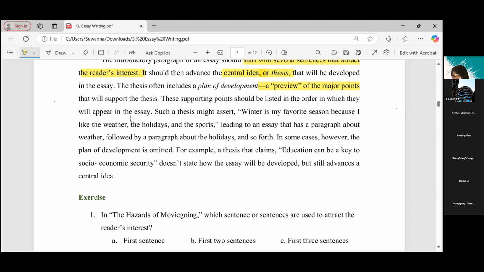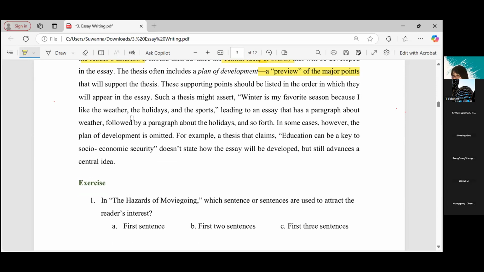It should give the readers an idea of what your essay will be talking about. All right. And in some cases, however, the plan of development may be omitted. For example, a thesis that claims education can be a key to socio-economic security doesn't show you how the essay will be developed, but still it gives you a central idea, right?